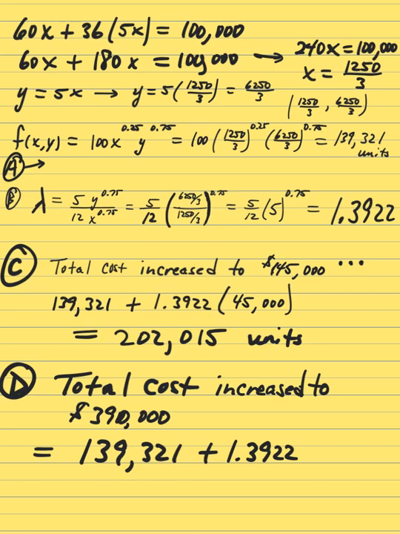Now, compared to 100,000, this is 290,000 more dollars that we're allowed to spend. Okay, be careful in this final calculation. I'm going to double check mine. 139,321 plus 1.3922 times an additional 290,000.